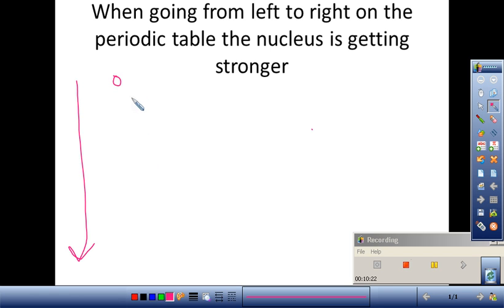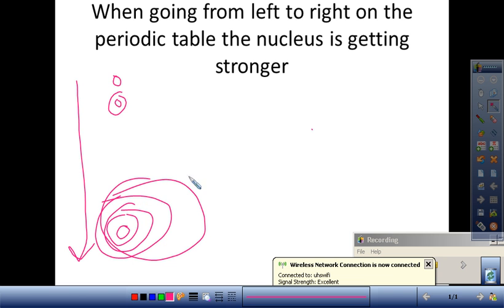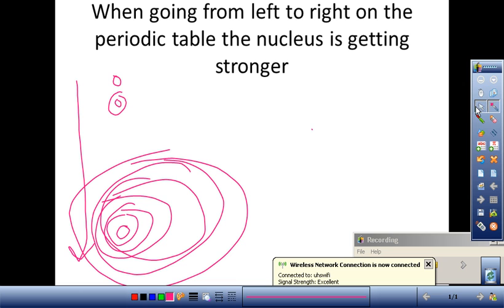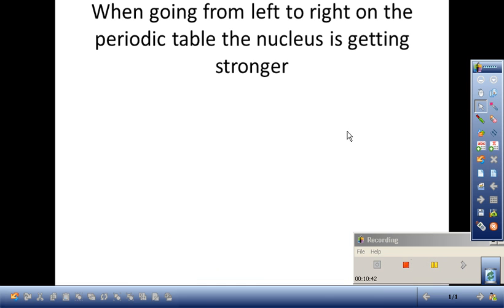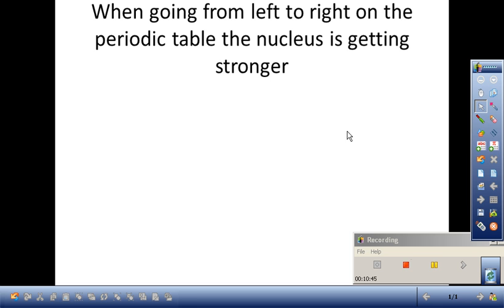Well, my first period has one shell. My second period has two shells. And I go all the way down to period 7, which has 7 shells. Okay, so that's my trend. So I have to ask myself, how does adding shells affect a trend? And it depends what the trend is, but that's the overarching cause.